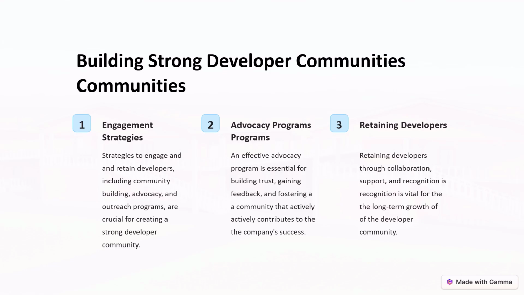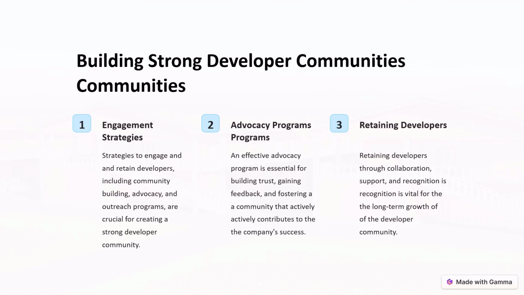Developer relations is all about engagement, and engagement needs strategy. Strategies to engage and retain developers include community building, advocacy, and outreach programs. These are some of the strategies for engagement. The second is advocacy programs.